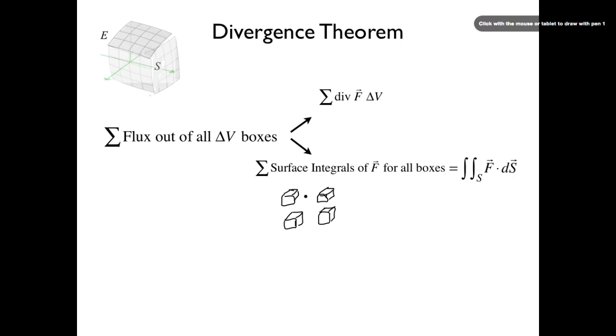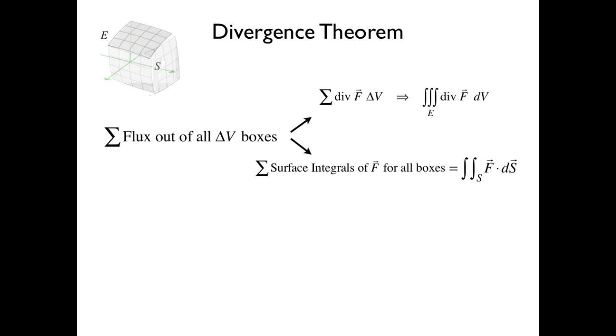So all that's left then are the ones that don't share a side, which comprises S. So therefore, these are equal, right? So looking at the sum of the flux as divergence F times the little point volume, summing them all that way, or taking the surface integral of the whole outside of E, they're going to be equal.